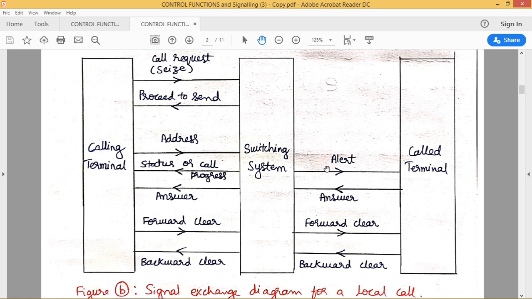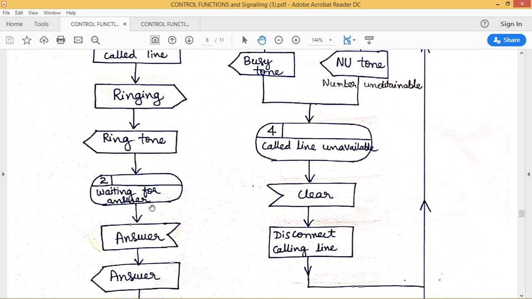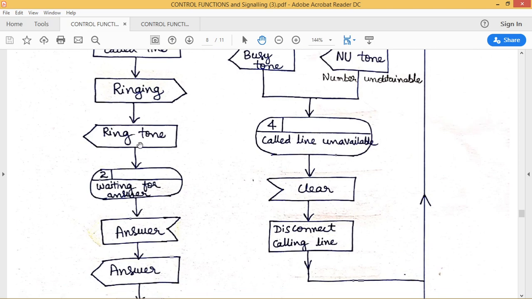In the same way, once ringing takes place, that ringing must be observed by the calling person. So this is the idea. So ringtone will be sent to the calling person by the exchange. So after this, this state is said to be state 2, and the exchange is waiting for the answer.